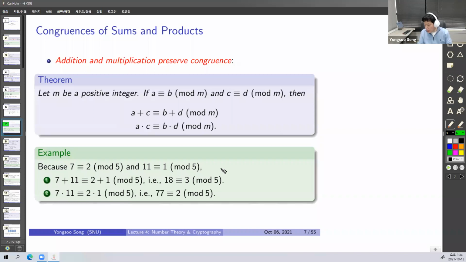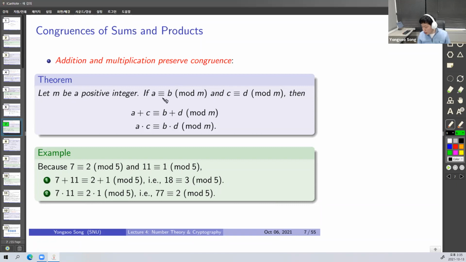We can also define the sum and product of integers modulo m. We call it arithmetic operation modulo m. So here's a very useful theorem. Suppose that m is a positive integer and there are integers a, b, c, d such that a and c are congruent to b and d modulo m respectively.